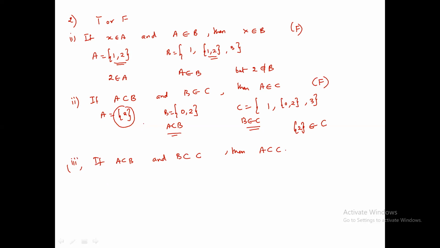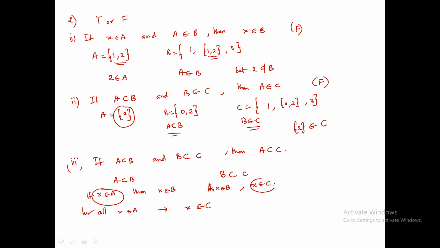According to the question, A is a subset of B. That means if X belongs to A, then X belongs to B. Next, B is a subset of C. That means already we know X belongs to B. As X belongs to B, we can say that X belongs to C. So for all X belonging to A, we have X belongs to C. We started from this and ended here.